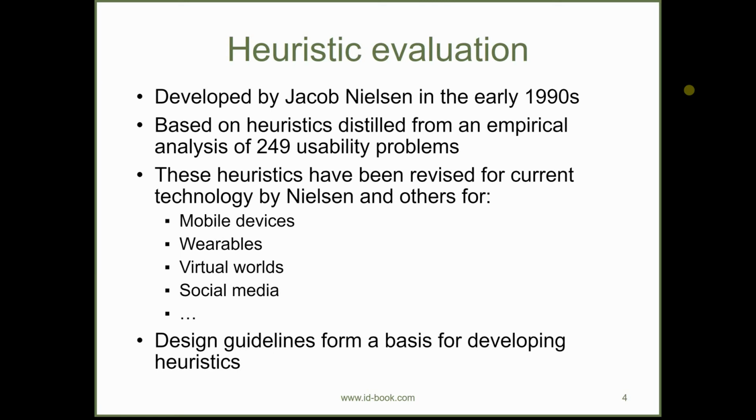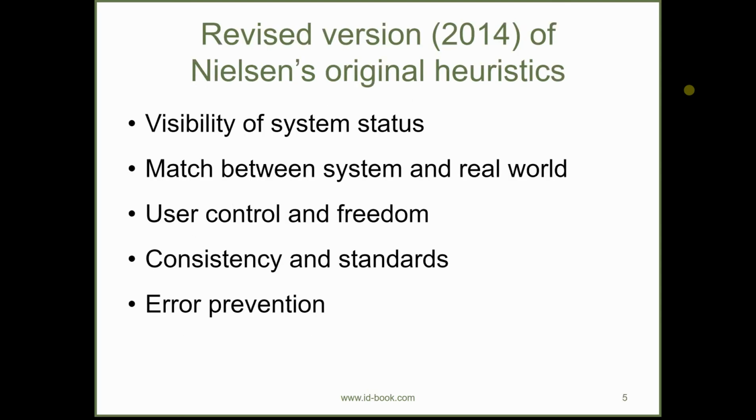So let me start off with a brief history of heuristic evaluation. The heuristic evaluation method was developed by Jacob Nielsen in the early 1990s, and it's based on the heuristics or design principles that we saw earlier in the class. Those design principles, if you don't remember, here they are.